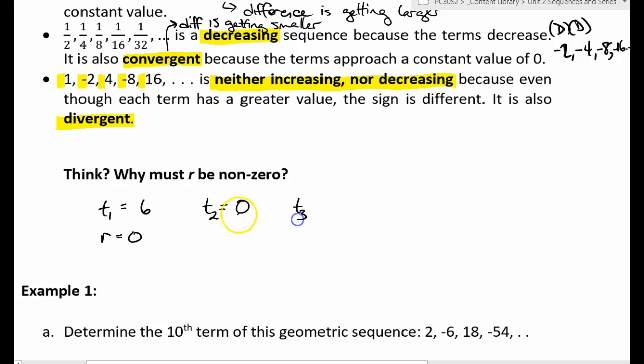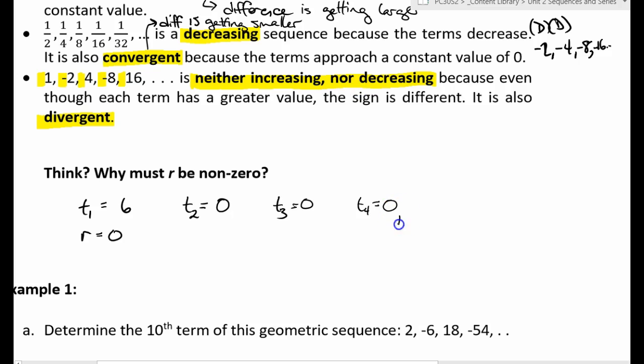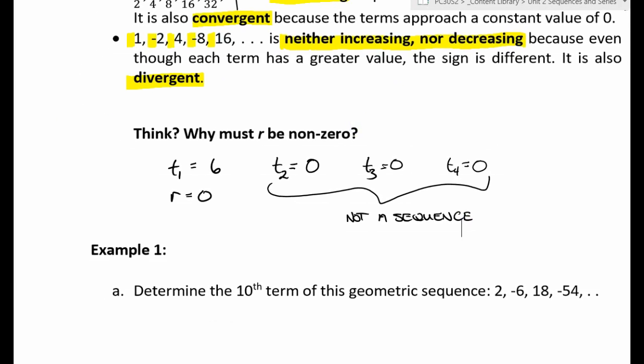And term 3 would be 0 times 0 is 0. And term 3 times 0 would be term 4, also 0. This is not a sequence. Doing nothing does not create a sequence. Okay, so R cannot be 0.